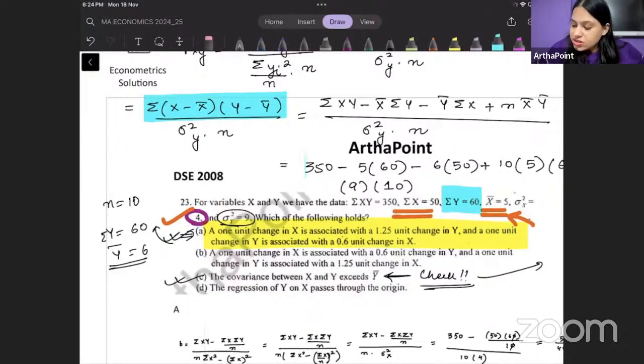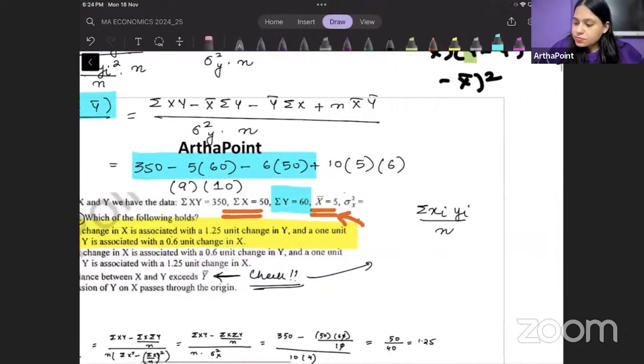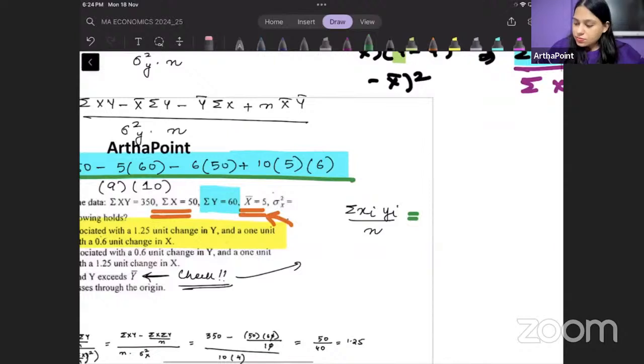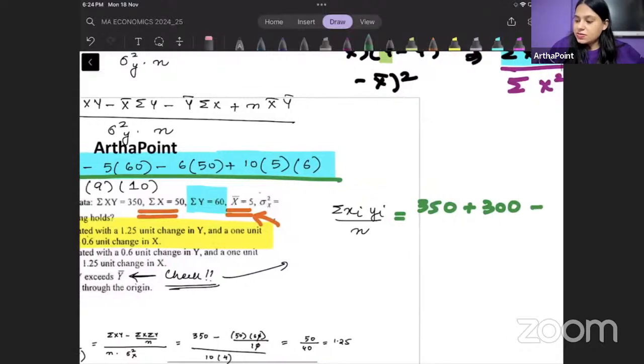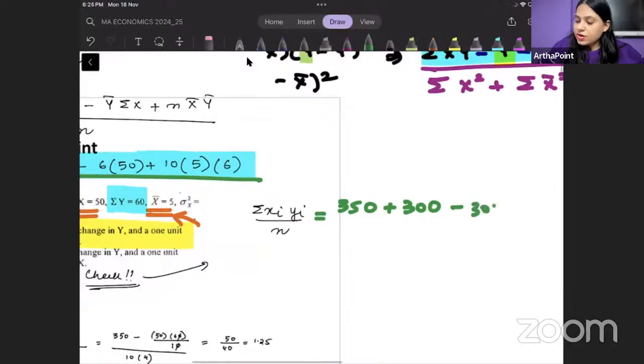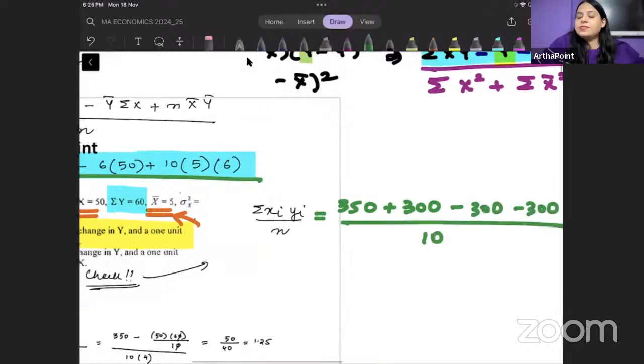So this is your numerator. Summation xi yi. And what is this value coming as? This value will come as 350 plus 300 minus 300 minus 300 upon 10.